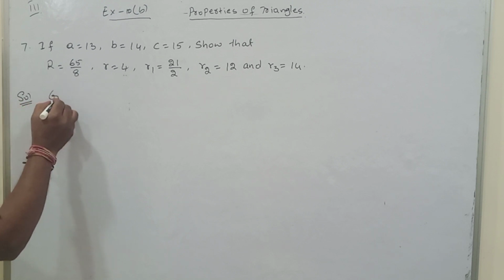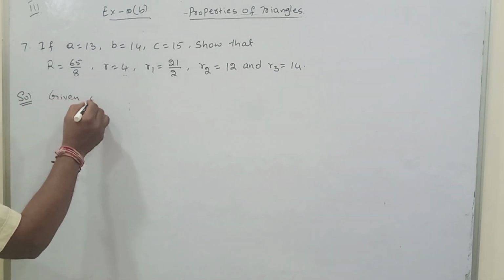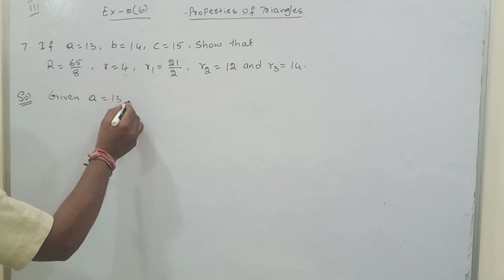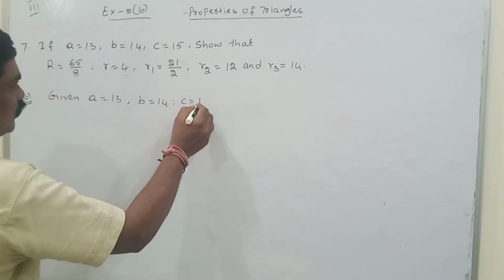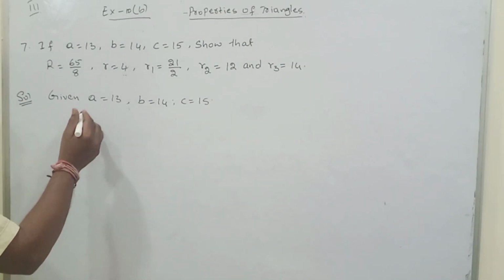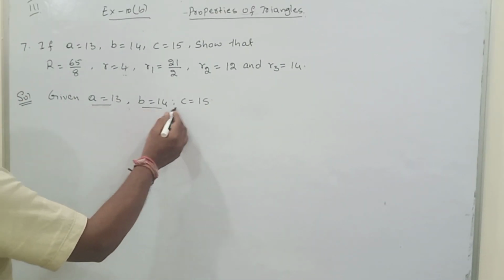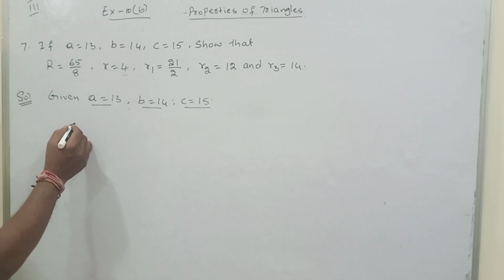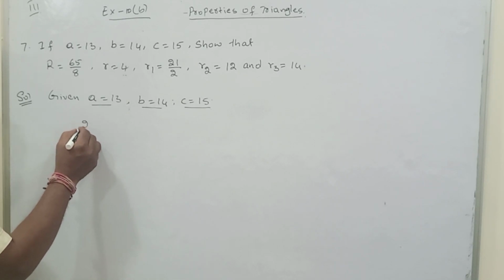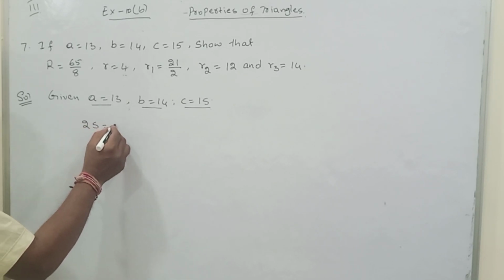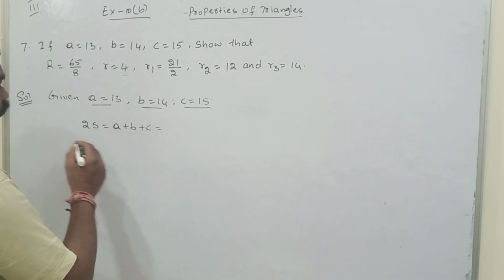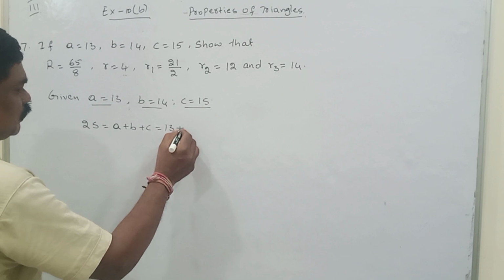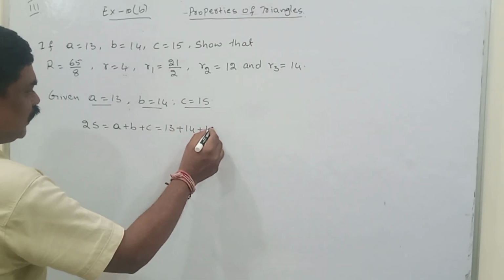First we have to write given A is equal to 13, B is equal to 14, C is equal to 15. In triangle ABC, 3 sides are given. So first we have to find the perimeter. 2S is equal to A plus B plus C, which is 13 plus 14 plus 15.